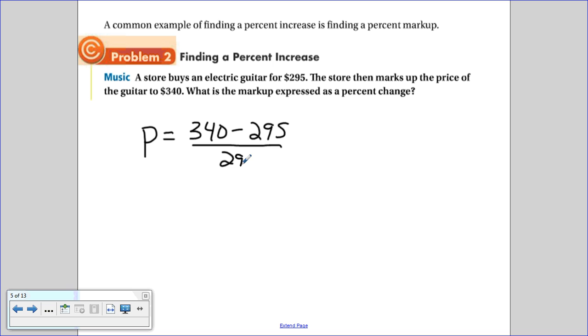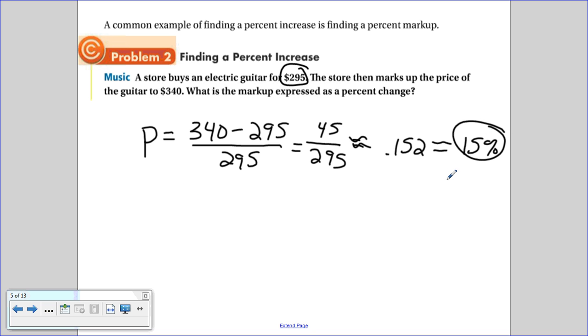We still divide it by the original, which is this. And we get 340 minus 295, so we get 45. 45 divided by 295 gives us approximately 0.152, which is then approximately equal to 15%.